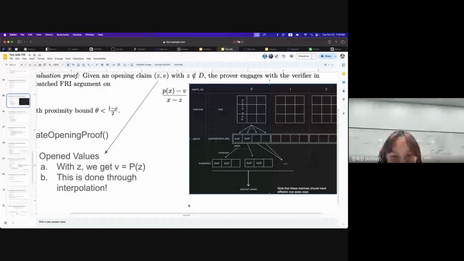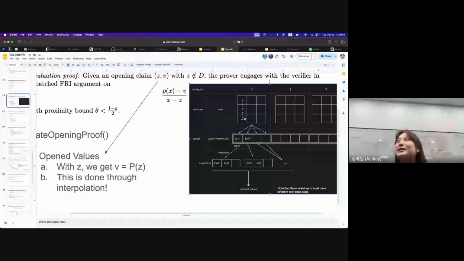And the open values here would be vectors of extension fields, and then at a higher view, it's a vector of a vector of extension fields, and then given the number of matrices you have, it's also a vector of that. So that's why we have this really crazy structure.